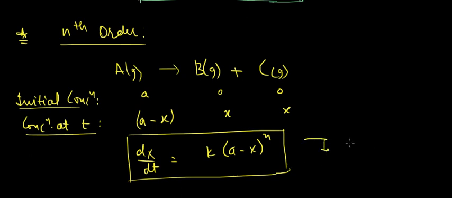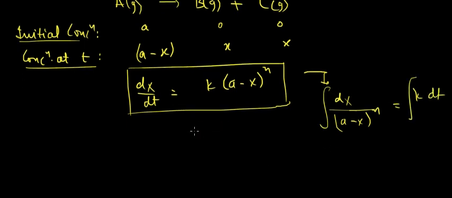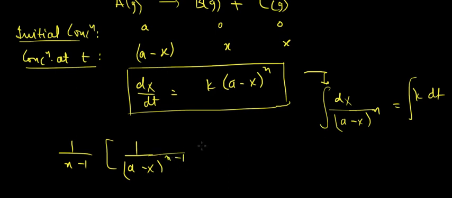So from this we can write dx divided by (a minus x) to the power n equals k dt, just rearranging the terms for the integration. Now just applying the integration, we'll be getting 1 upon n minus 1, 1 upon (a minus x) to the power n minus 1 equals kt plus c.